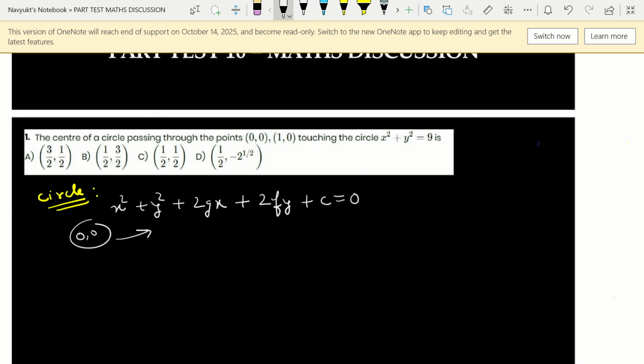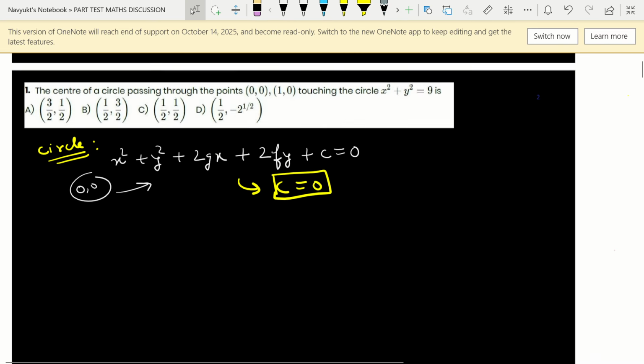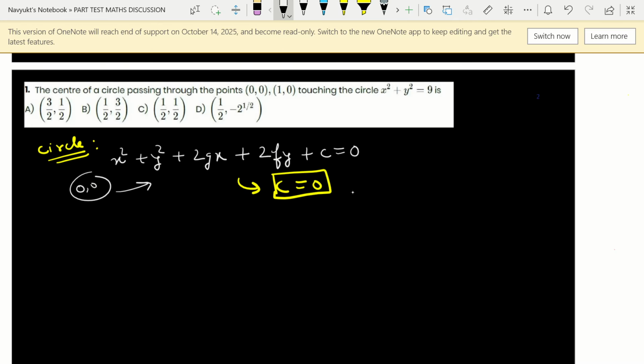When we substitute 0 comma 0, everything will become 0, only c would be left, which gives us this result. After this, we'll substitute 1 comma 0 as well, which would give us 1 plus 2g, and all of the left terms are also 0, equals to 0, which again gives us the g value itself as minus half.